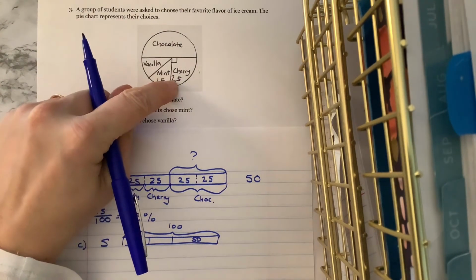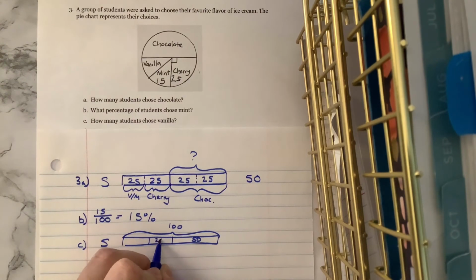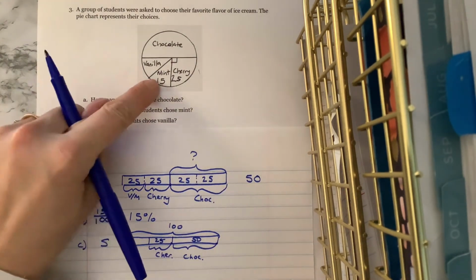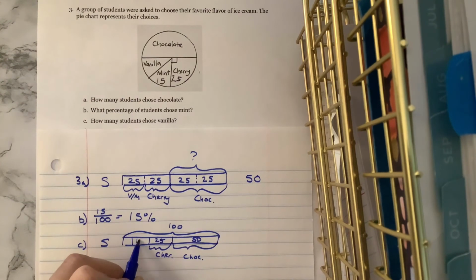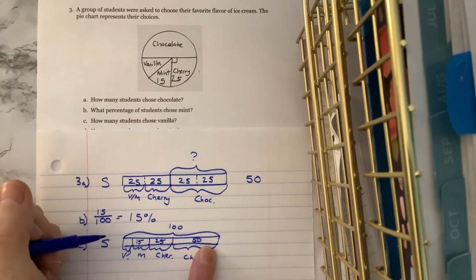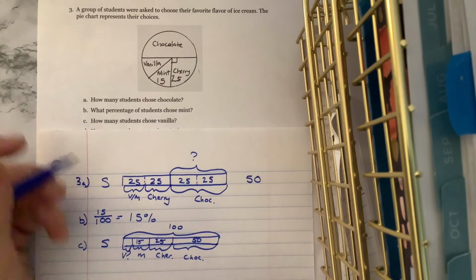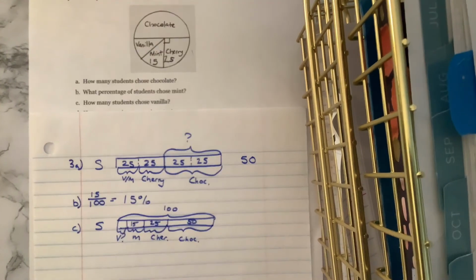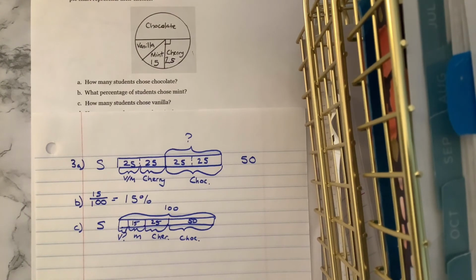We know that 25 of them, I should label this, from the pie chart like cherry. We know that 15 of them like mint. And so now we need to figure out how many like vanilla. So we have 3 knowns and a total. And we want to find our unknown. So go ahead and pause, fifth graders. Come on back and see how you did.